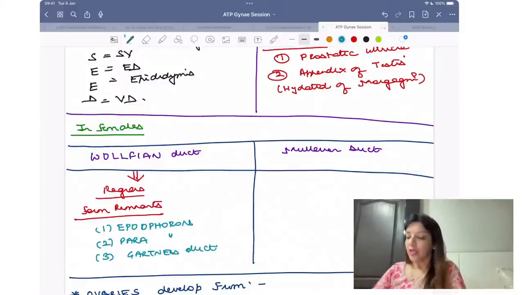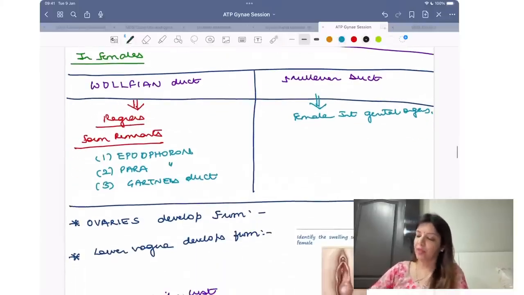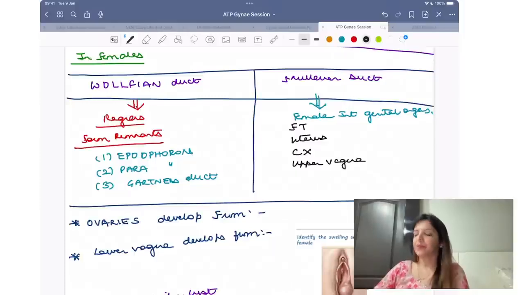It is the Mullerian duct which forms the female internal genital organs. What does it form? It forms the fallopian tube, uterus, cervix and upper vagina.